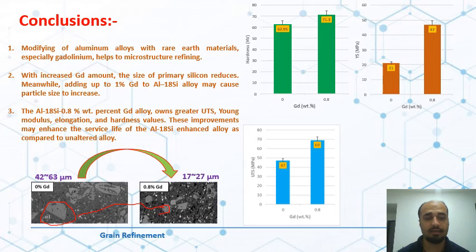The tensile and hardness results improve and also enhance the service life of aluminium 18 silicon. From 0 to 0.8 we get an enhancement in ultimate tensile strength, and also in hardness and yield strength.